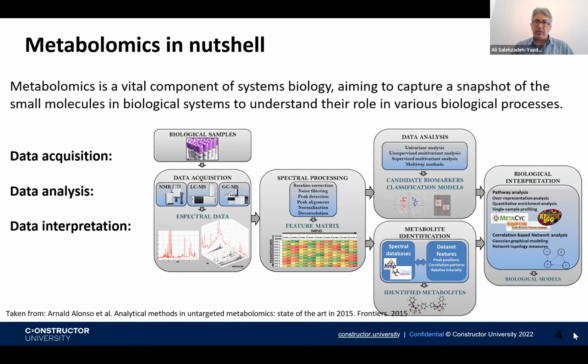In addition, the pre-processing approaches and data analysis have a big impact on the final result, as do downstream analyses like biological interpretation, pathway analysis, and making a correlation network out of the whole data.